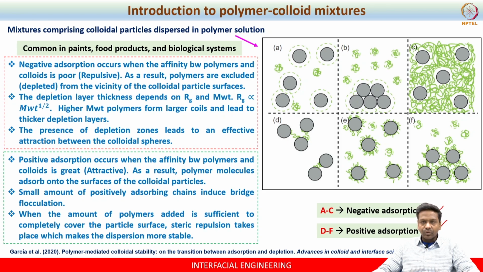So you can expect that these polymer molecules get excluded from the vicinity of the particle surface, such that each will be segregated into different phases. Okay. So what is the consequence of that?